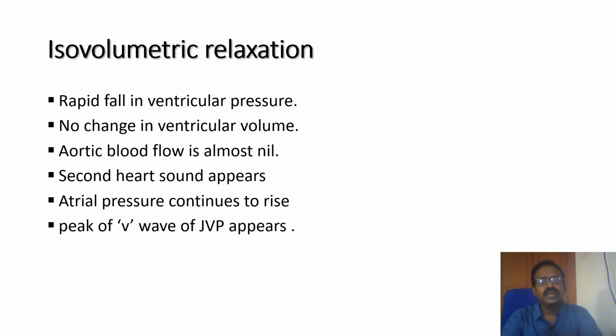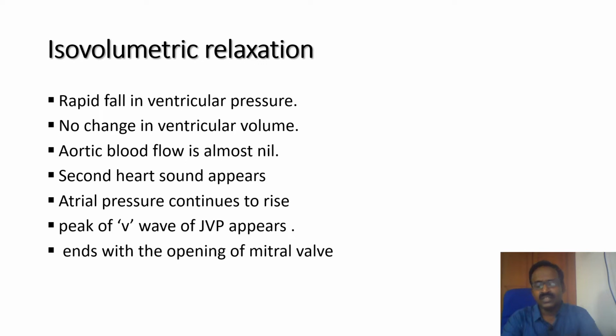The peak of the wave appears on the JVP due to the increased venous return in the right atrium. The isovolumetric relaxation phase ends with the opening of the mitral valve. So opening of the mitral valve closes the isovolumetric relaxation phase. Okay.